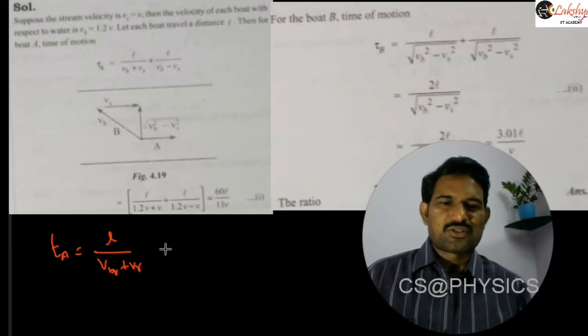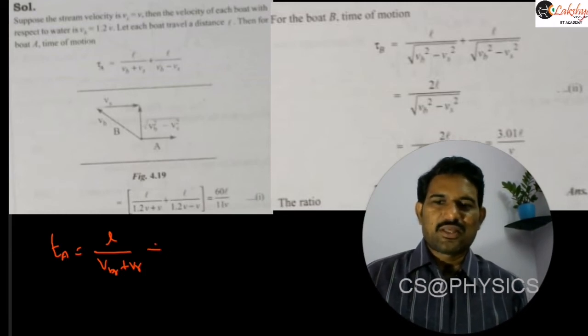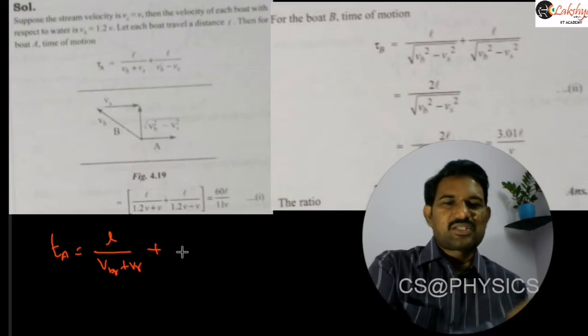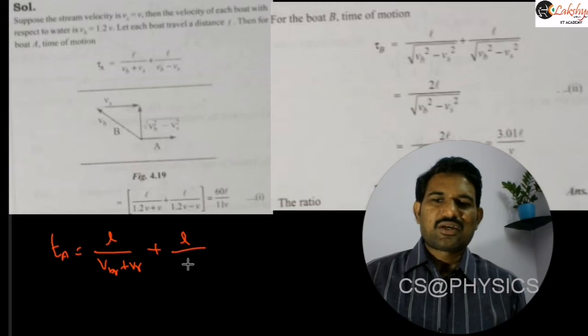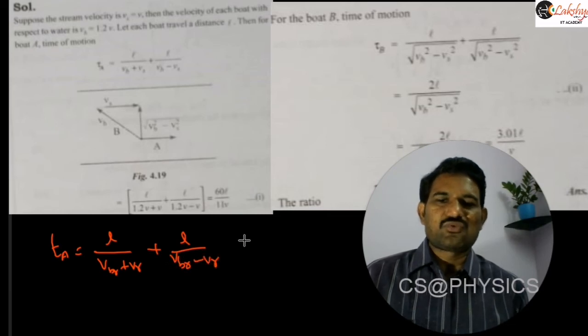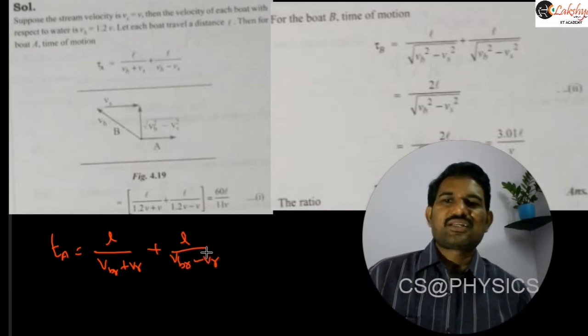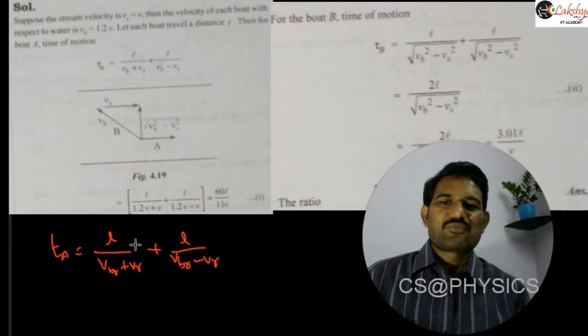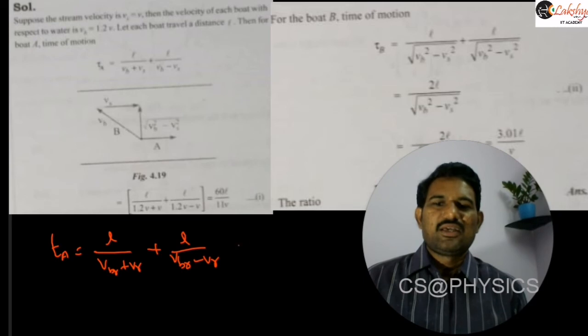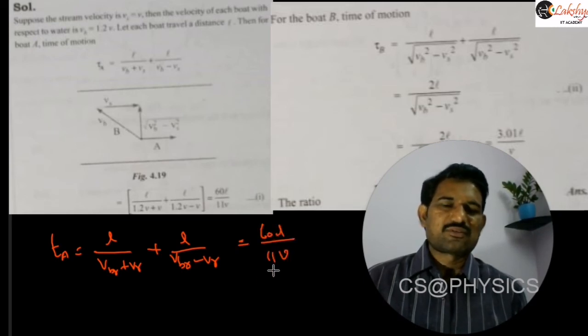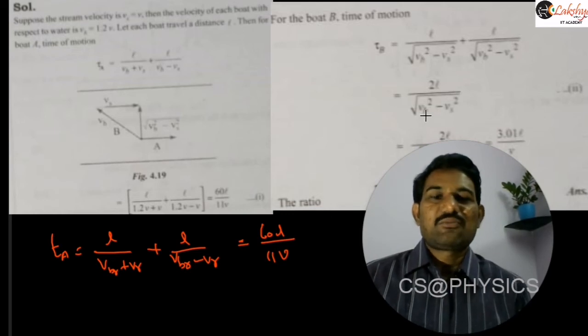After traveling the distance L, again it is coming back here. So while it is returning, you can write L by the resultant velocity, which is nothing but v_BR minus v_R, up the stream. So this is the time taken by A. You can substitute those values and simplify, then you will get 60L by 11v, right? Next, time taken by B.